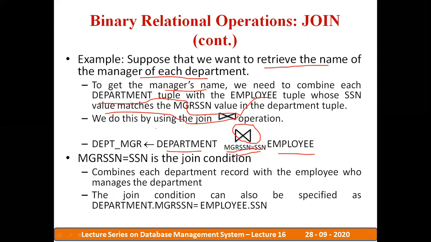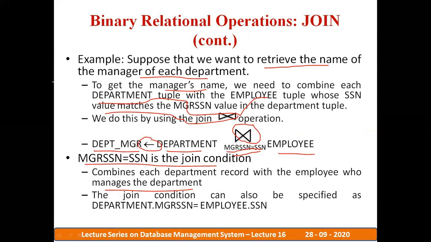Whatever the result is, I am storing it in department manager; the left arrow symbol indicates assignment. Here Manager SSN equals SSN is the join condition. So it combines each department record with the employee who manages the department. This is the purpose of using the join condition, that is Manager SSN equals SSN.